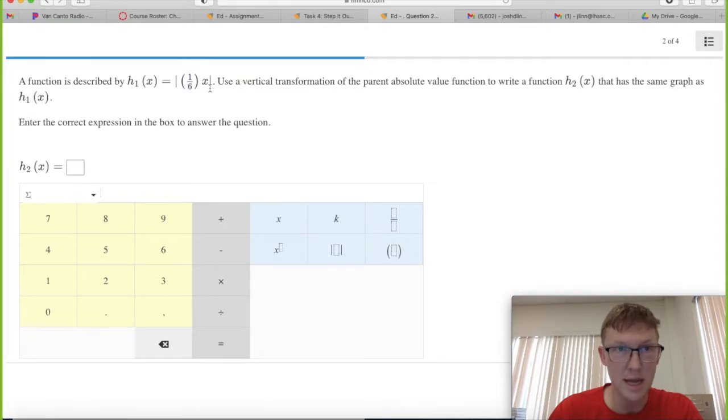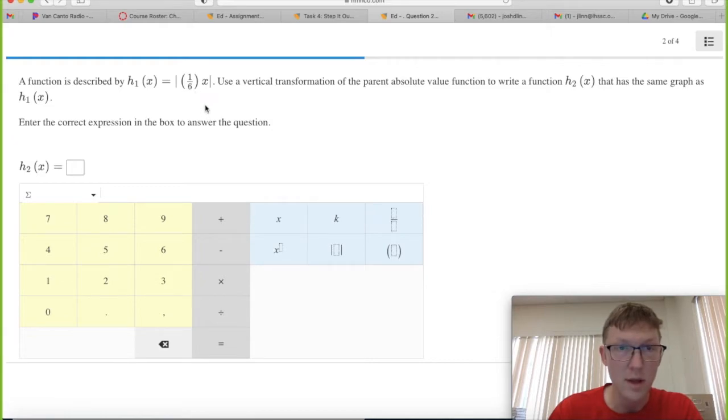I would say if we use a vertical transformation in this situation, we can just pull that 1/6 out and it would turn into a vertical transformation as opposed to a horizontal one here.